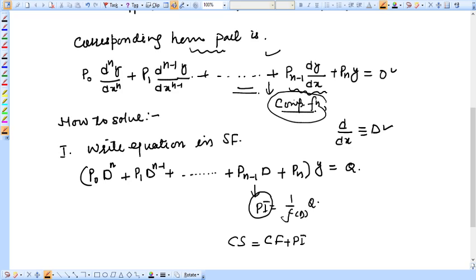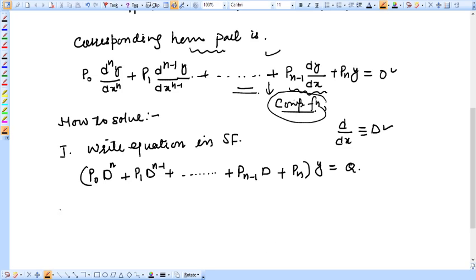So this is the way we solve this equation. The first step is you write the equation in the symbolic form.